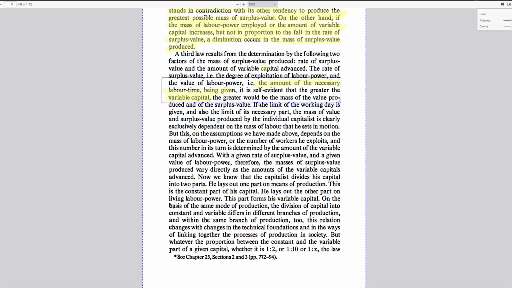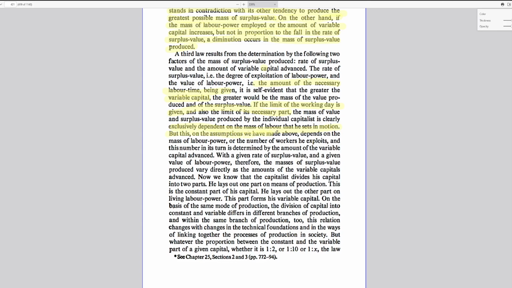But then he says if the limit of the working day is given from the second law, and also the limit of its necessary part. So those are two assumptions here, but the first one is more of a fact. The second one is more of an assumption. The mass of value and surplus value produced by the individual capitalist is clearly exclusively dependent on the mass of the labor that he sets in motion.